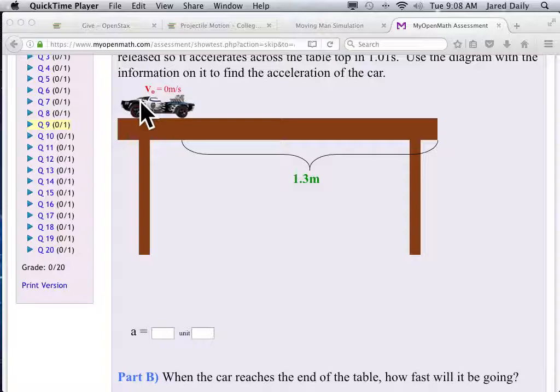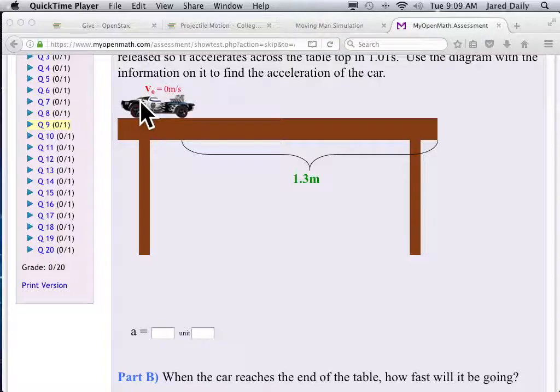You know which equation that one is? Its final velocity squared, so Vx squared equals V0x squared plus 2 times the acceleration times the change in x. So the change in x is the distance across the table, in this case 1.3 meters, right?